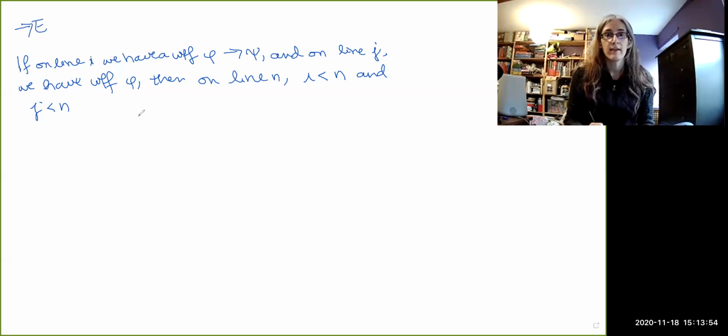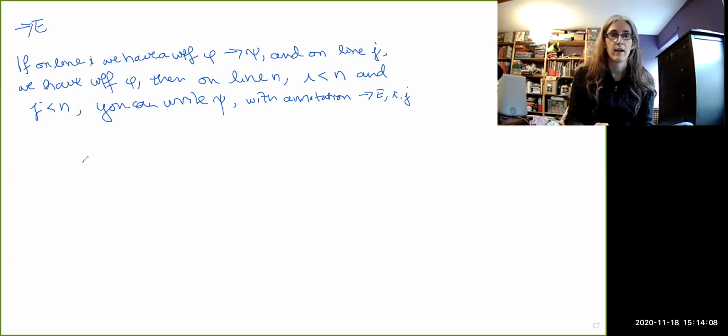So then on line N, you can write the consequent, which is psi, with annotation, conditional elimination, lines I and J. And the schematic form of the rule looks like this. At some point on line I, you have phi implies psi with some annotation, we don't know what.